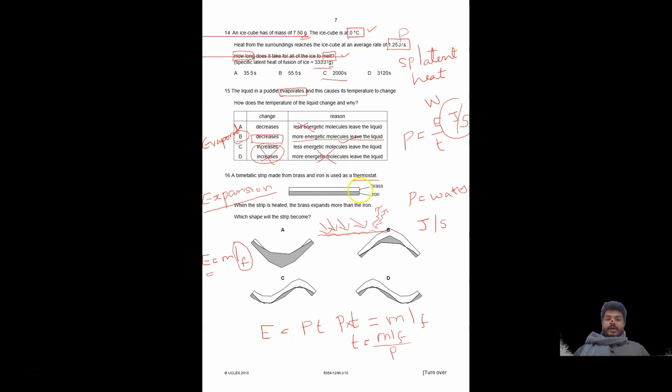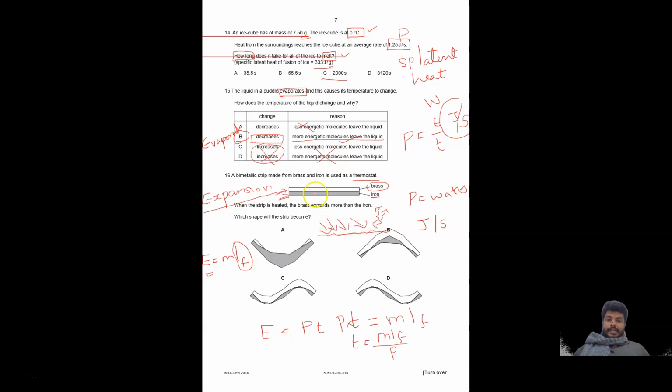Here you can see on the top of this bimetallic strip is brass, and the bottom is iron, right? The brass expands more than iron. That means we supply heat energy to the brass and iron equally.